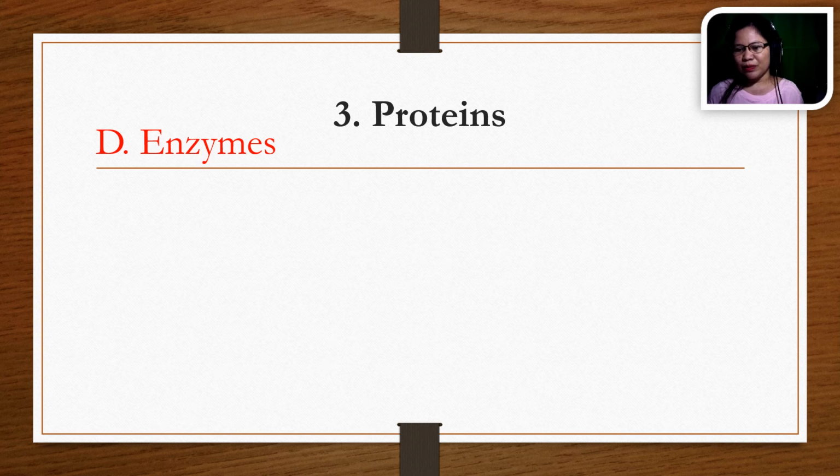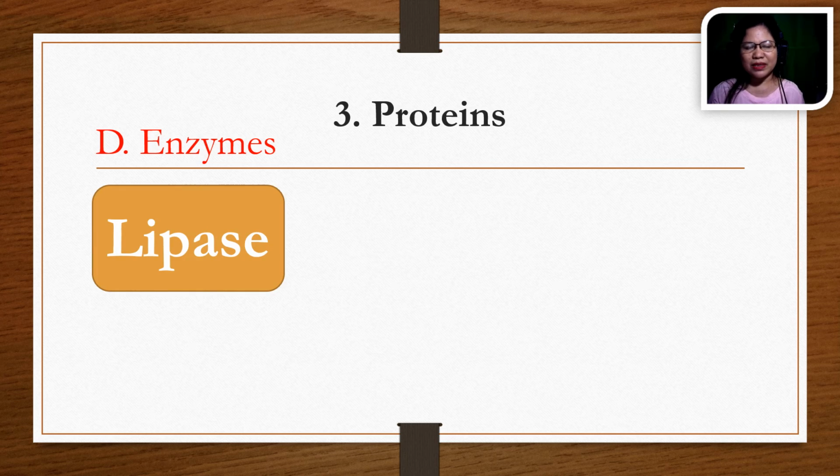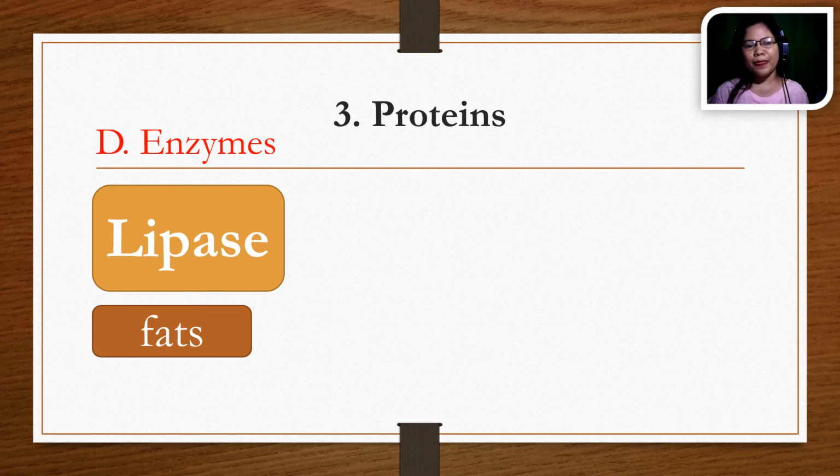Like for example, amylase is found in our mouth, and also the ptyalin that makes the starch feel sweet when we eat. Then another enzyme is the lipase. So lipase helps in the digestion of fats. Now there are some specific enzymes that help in digesting a specific type of macromolecules.